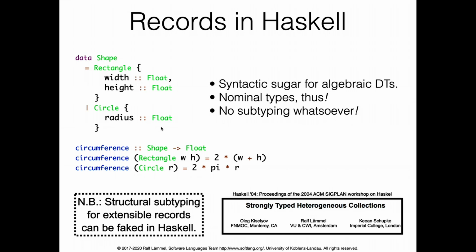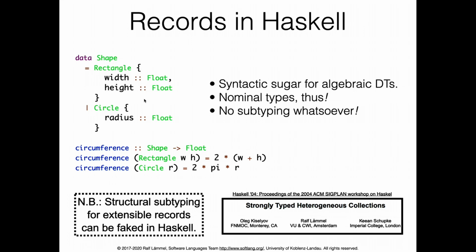There's a quite fundamental difference between what we have here versus what we had added to System F. First of all, this is really an algebraic data type, and the fact that this looks like a record type, or we call it a record type, is merely syntactic sugar for the constructors of the algebraic data type.